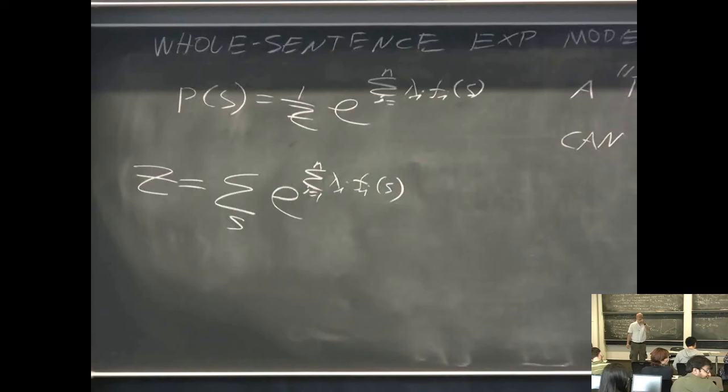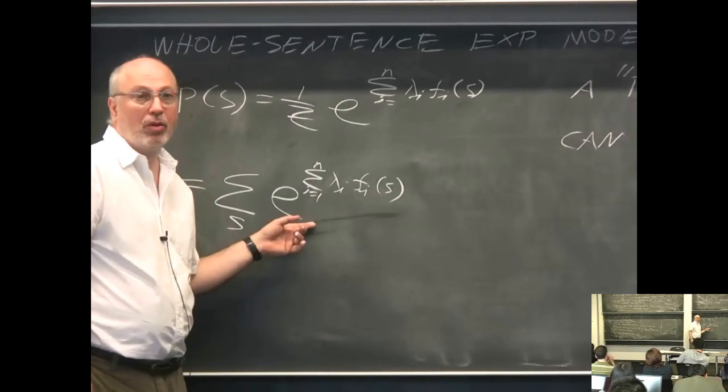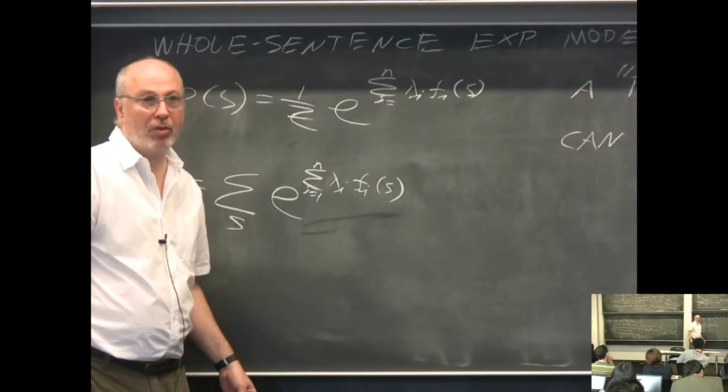Could we do a similar trick to what we did with backset modeling, where instead of summing over all possible sentences, we sum over all sentences in our data, take an average, and divide by the number of sentences we have? We can't. The reason is that what we did with maxent was estimate the expectation under the empirical distribution. Here we're not talking about the empirical distribution. We're talking about our current distribution, just normalizing it.